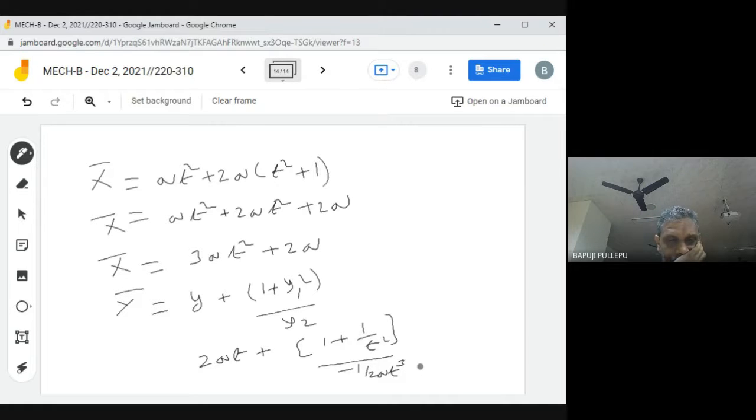Correct, sir? Any doubt? Now simplify. T square plus 1 by t square minus 1 by t cube.